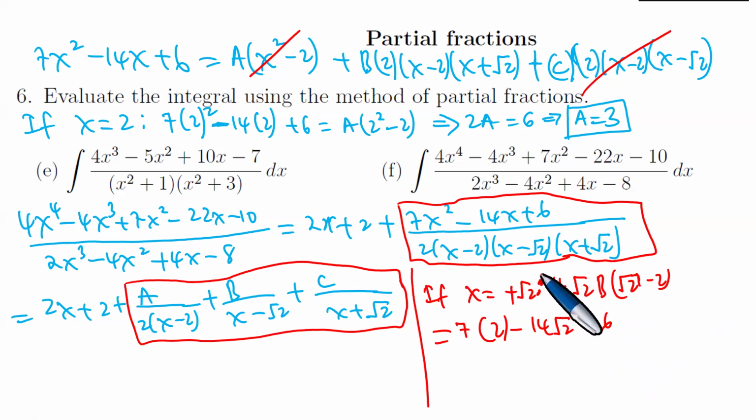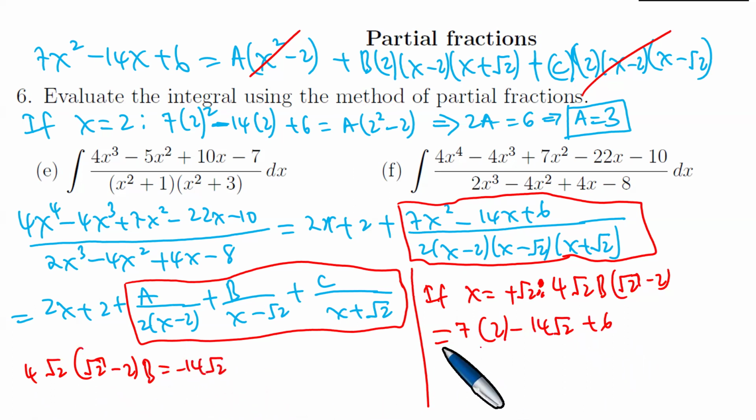Take a look at that. So we're getting 4 square root of 2 times the square root of 2 minus 2 B, and then it is minus 14 square root of 2, then we have 14 plus 6, which is what? 20.